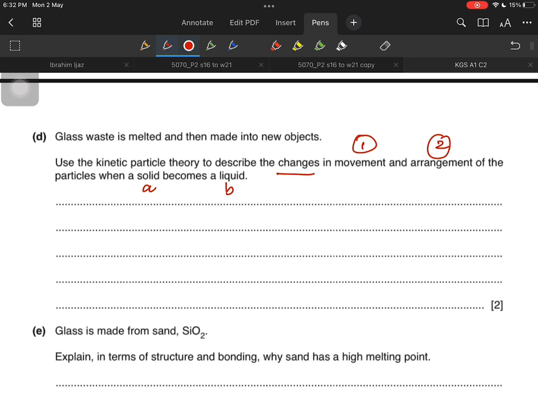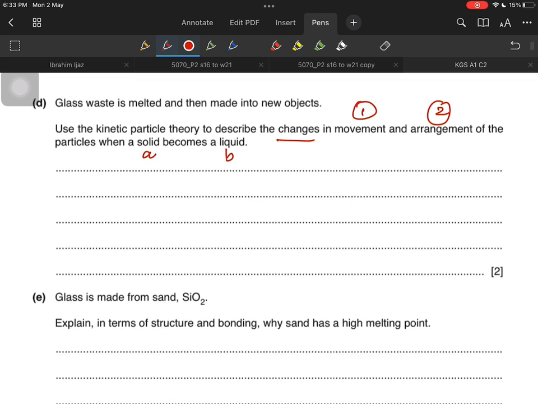People lose their marks because they give a load of reasoning, that there were stronger attractive forces, heat was absorbed, attractive forces were overcome, particles got wider distances. Don't do that. People lose their marks over here. This question has been repeated like 3 times in the past 3 years. Maybe 2 or 3 times or more, but this question is very repetitive now. So make sure you're prepared for this kind of question.